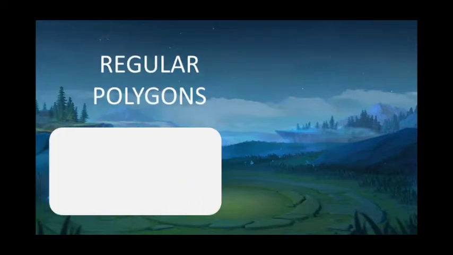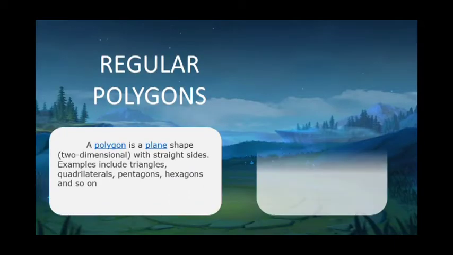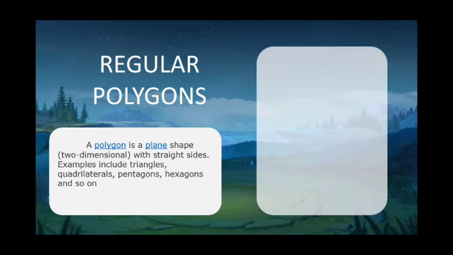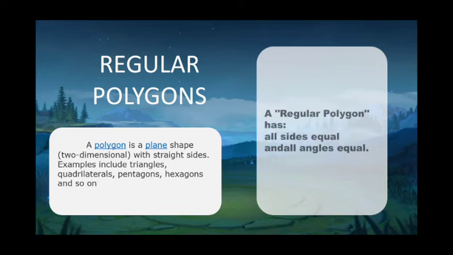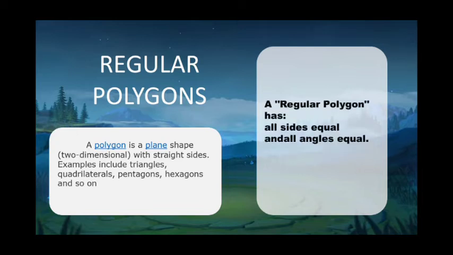Good morning everyone. I'm Mariahani Grace Aidatu, and today let me share with you the regular polygon. A polygon is a plane shape, two-dimensional with straight sides. Examples include triangles, quadrilaterals, pentagons, hexagons, and so on. A regular polygon has all sides equal and all angles equal.